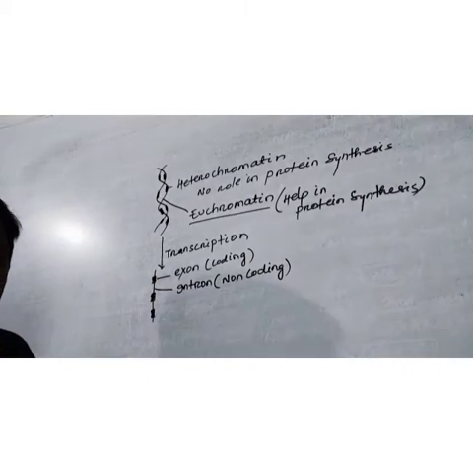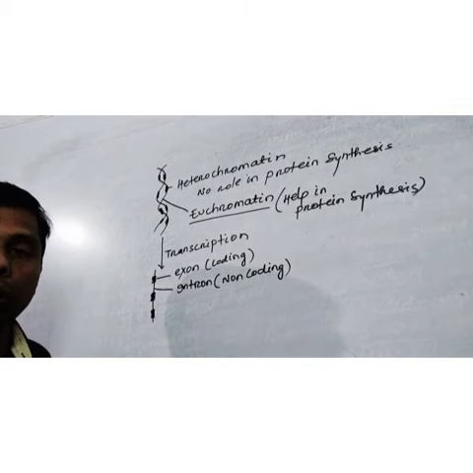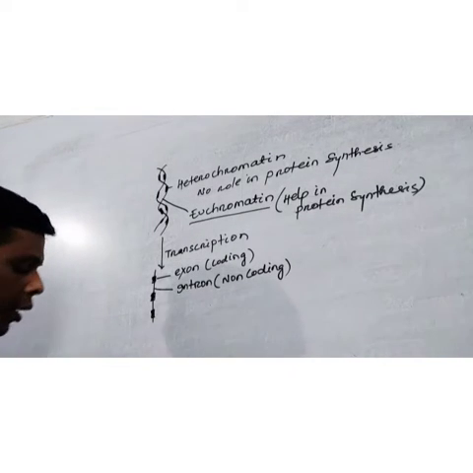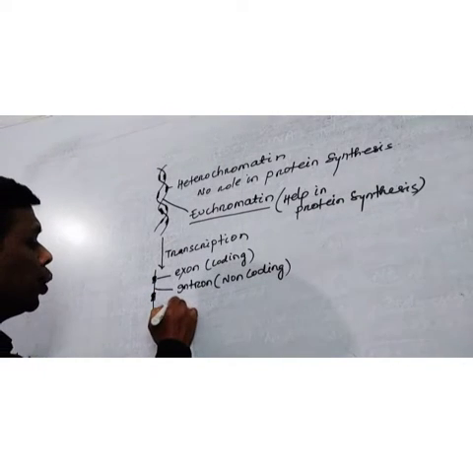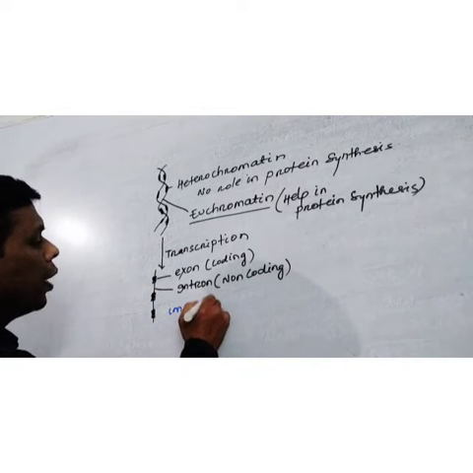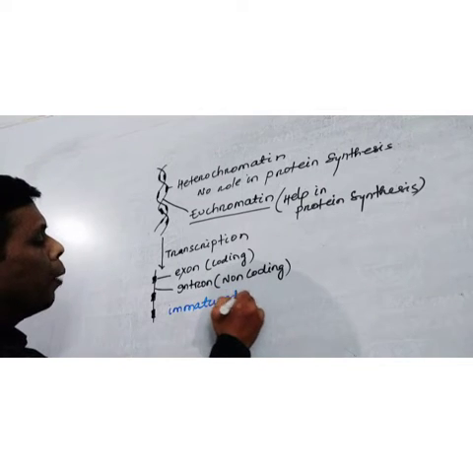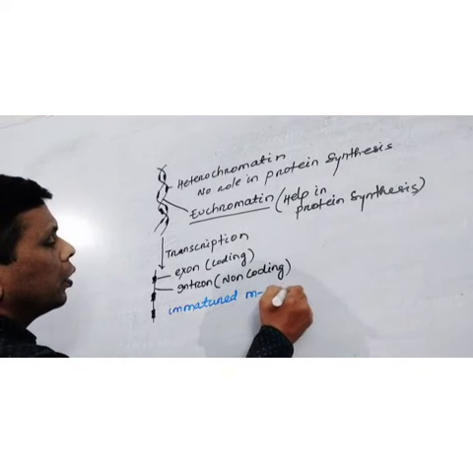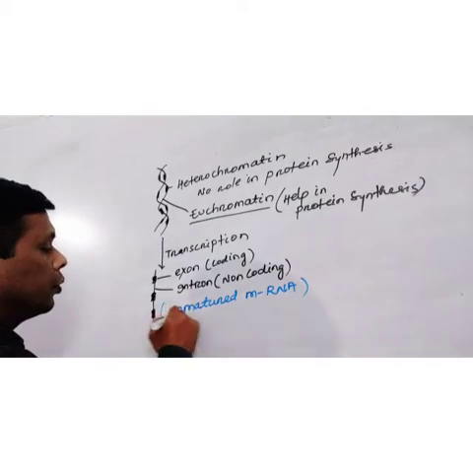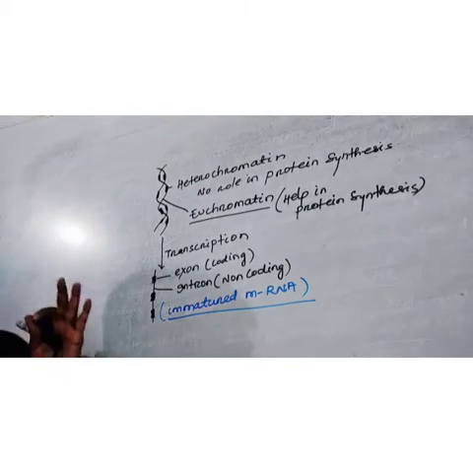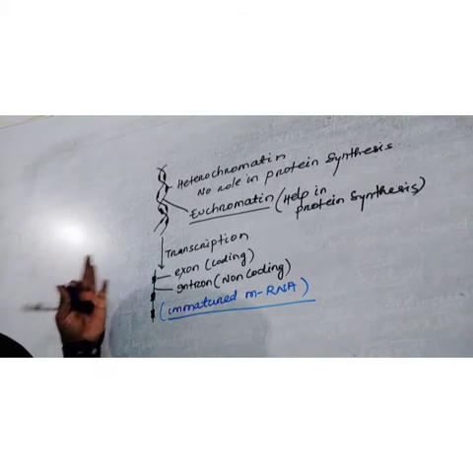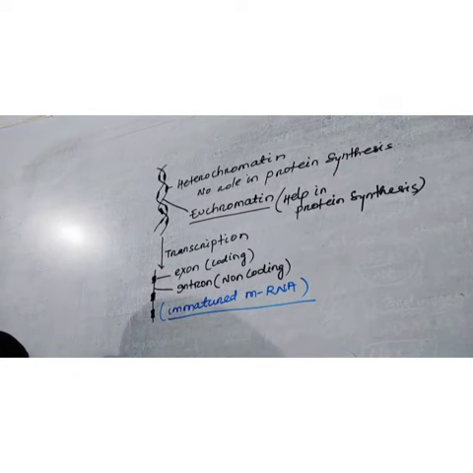So this mRNA is said to be immature mRNA. This immature mRNA consists of both coding and non-coding zones.